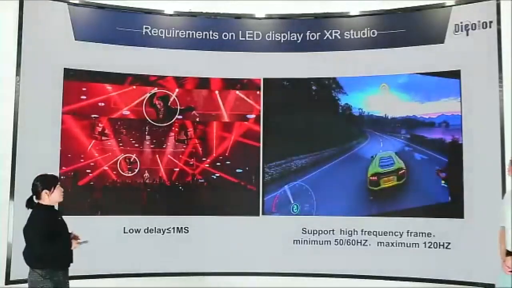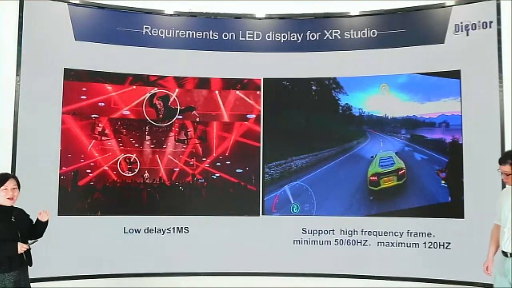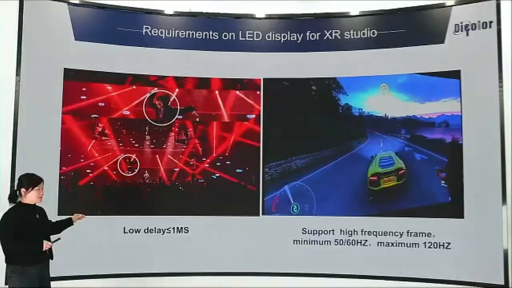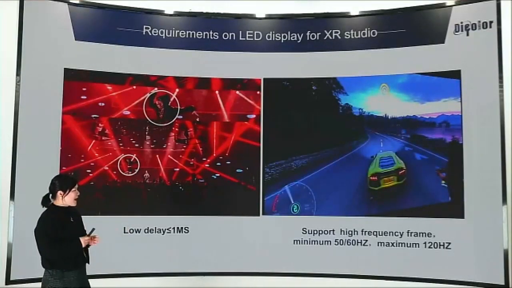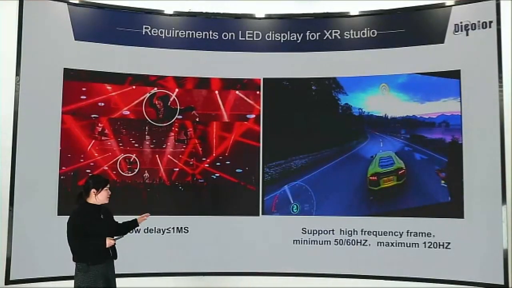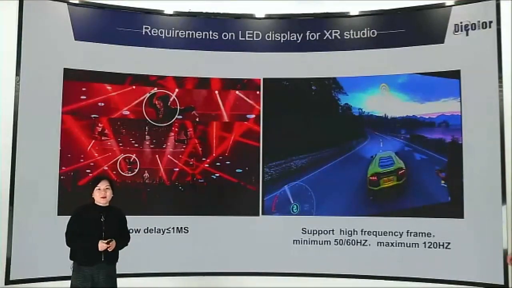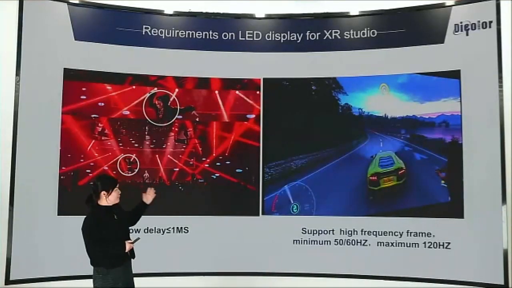Of course, then we have a lower latency. As I said before, if you have a high refresh rate, of course, you get lower latency. And of course, it also supports high frequency frame. Minimum is 50, 60 hertz, and the maximum is 120 hertz. The effect looks very, very vivid and natural.